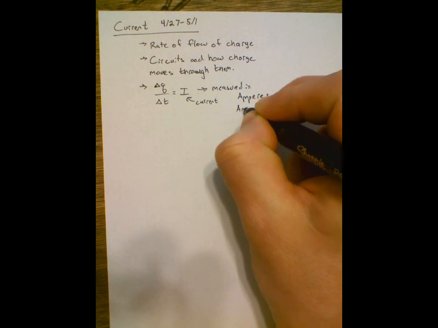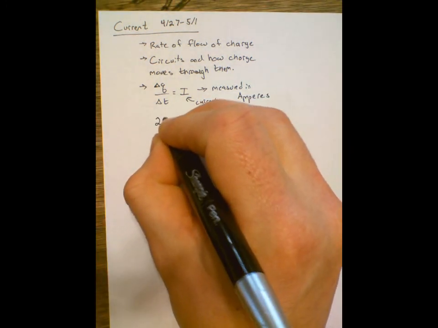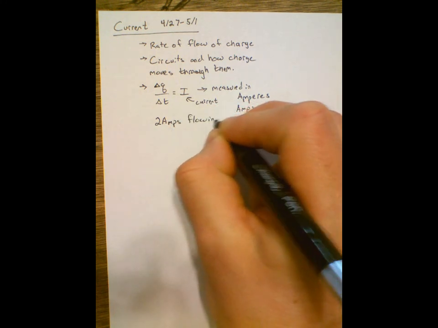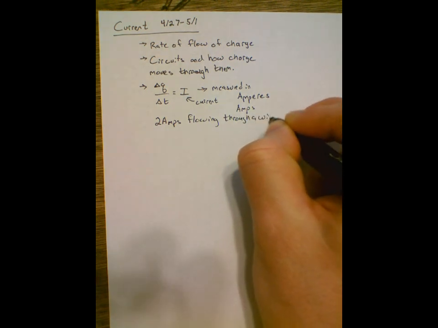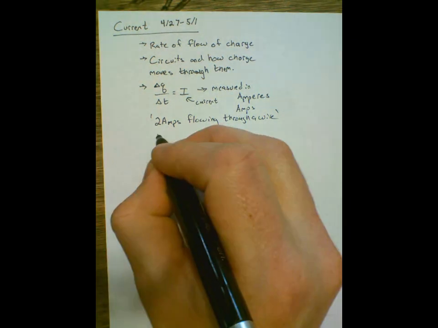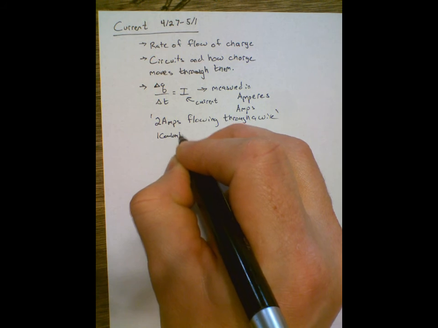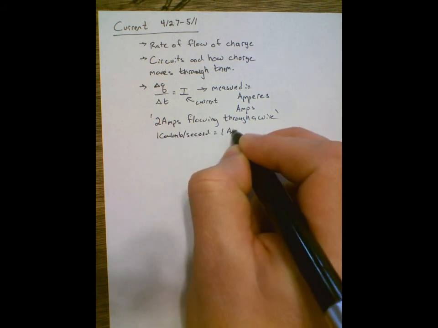Or just amps. So you would say I would have 2 amps flowing through a wire. All right. What is an amp? It's 1 coulomb per second.